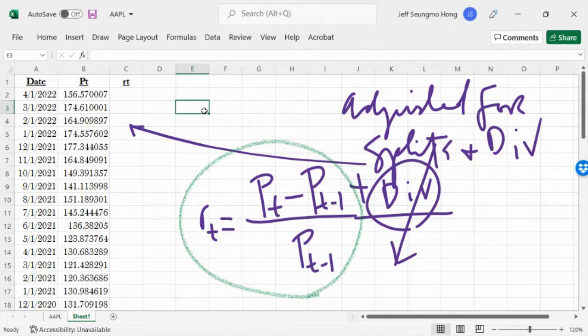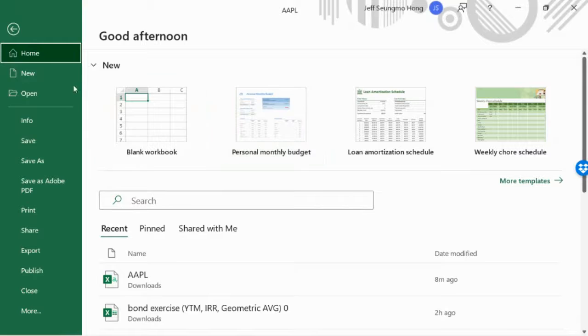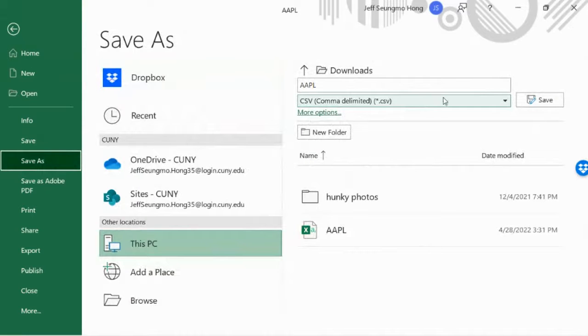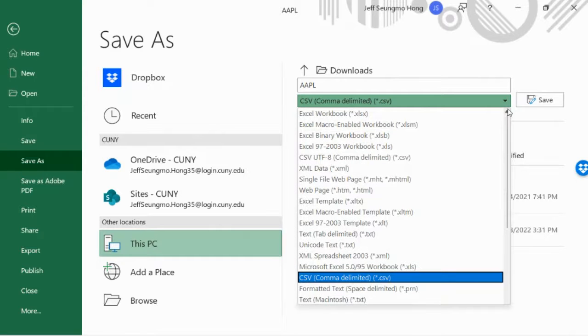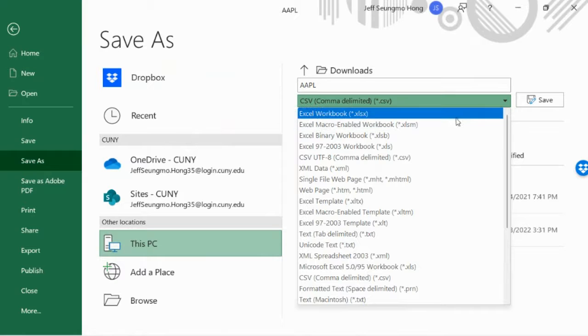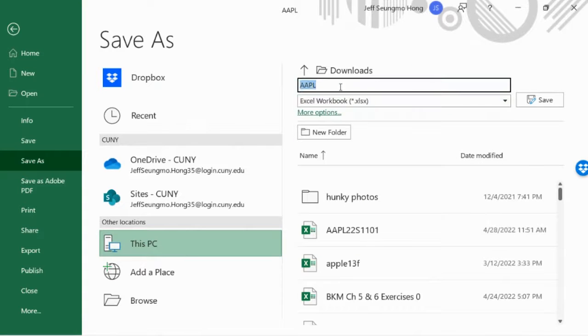But if you downloaded this file, I want you to save it, because don't leave it unattended, because you've been working on this. Save as. When you try to save it, the current file format is CSV, which is not good. It's just like a text file. So you'll save it as Excel workbook, okay?